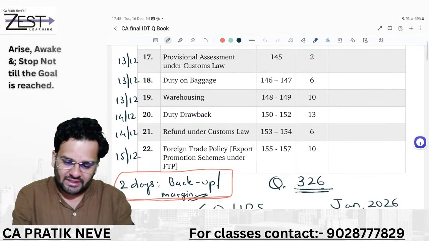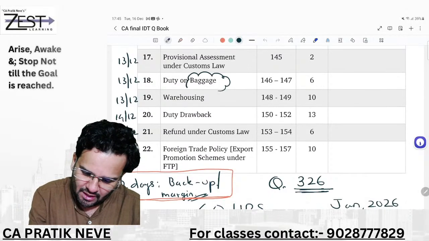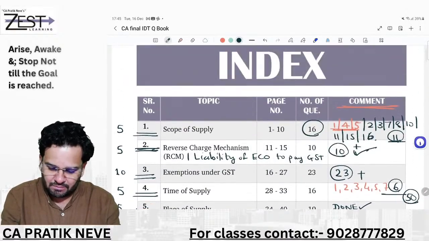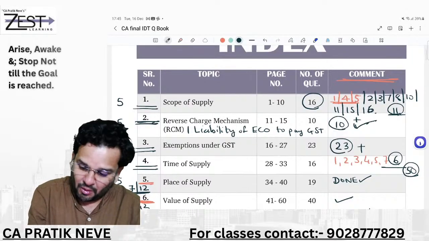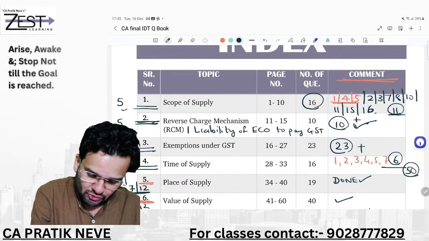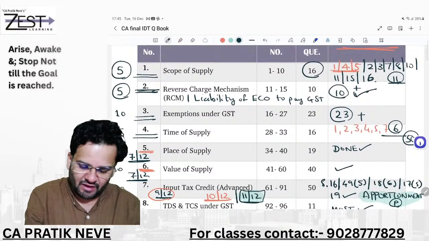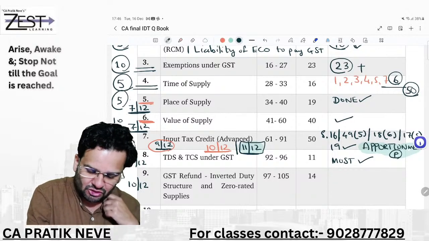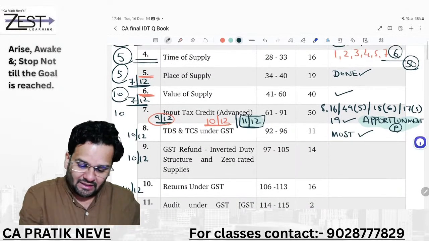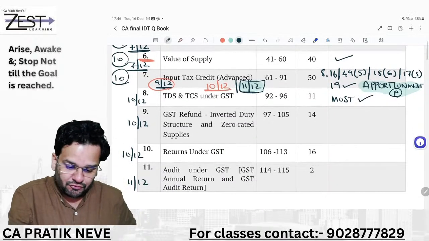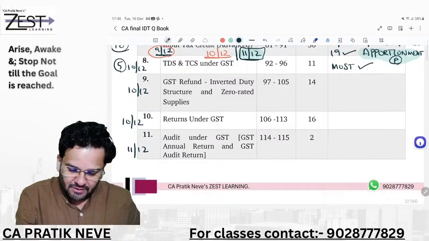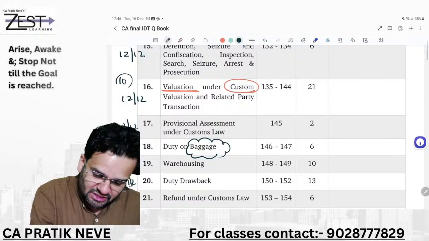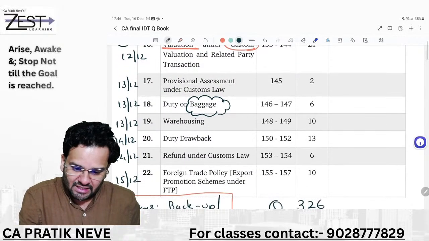Now today's session we will be doing questions on baggage. If I talk about the weightage covered in this batch, scope of supply is minimum 5 marks, RCM 5 marks, so 10; exemption 10 marks, so 20; time of supply 5, 25; place of supply 5, 30; value of supply 10, 40; ITC 10, 50; TDS 5, 55; valuation under customs 10, 65; and today baggage 5.